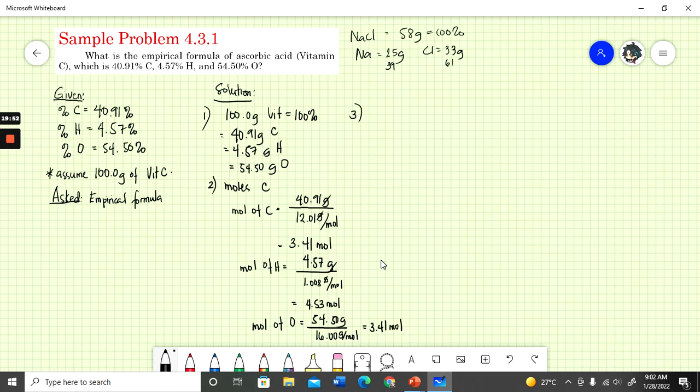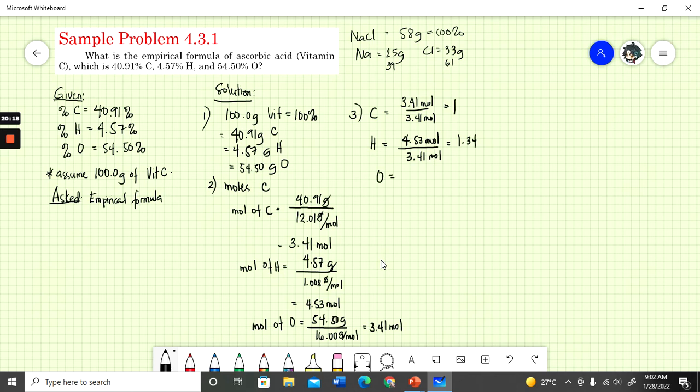So for carbon, that is basically 3.41 mole divided by 3.41 mole, and that is equal to 1. As for hydrogen, you have 4.53 moles divided by 3.41 moles, and this would actually give you about 1.34.